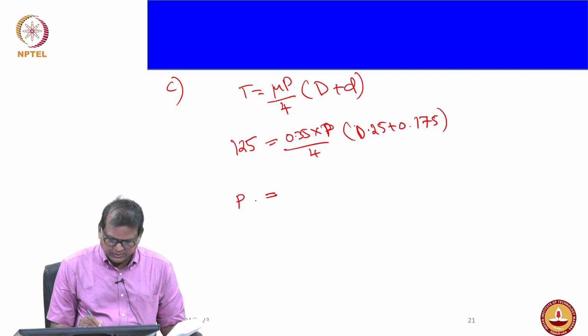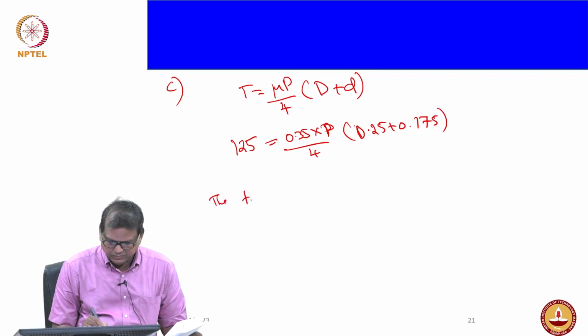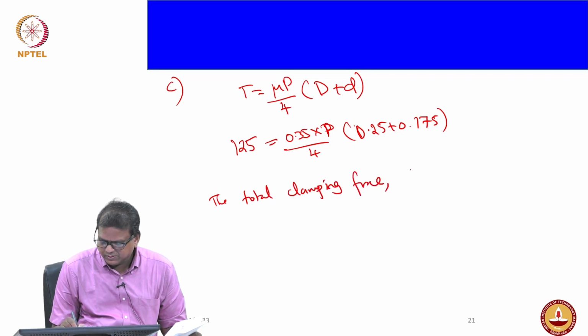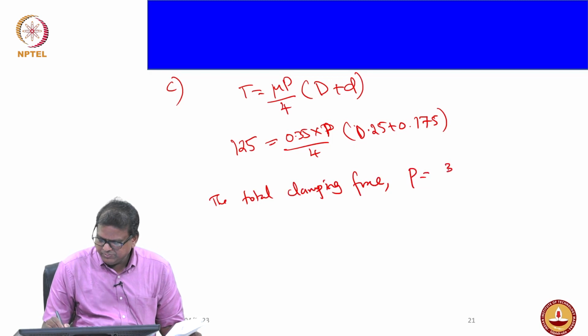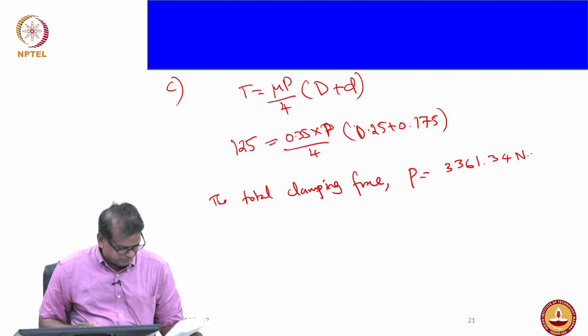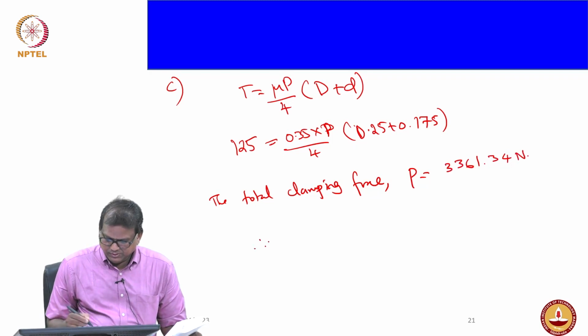This is the total clamping force P. It should be 3361.34 Newton. So this is the clamping force. So for one spring, per spring, okay.